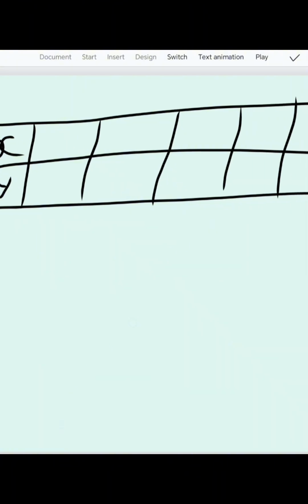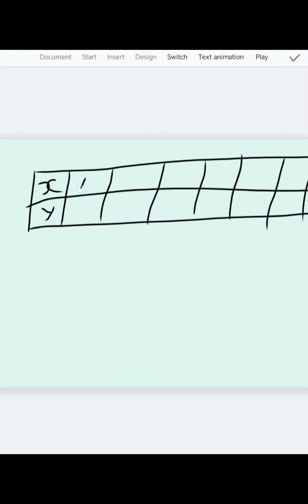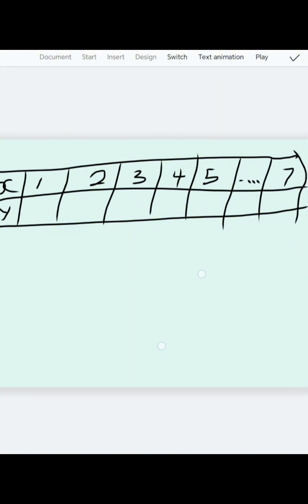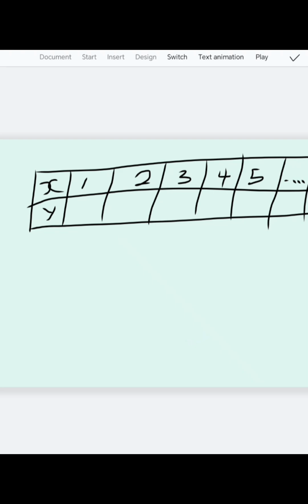So they gave you something like this: 1, 2, 3, 4, 5, then dots, and then 7. Let me not say 2, 3, but let me just do the multiples of 2: 2, 4, 6, 8, 10.